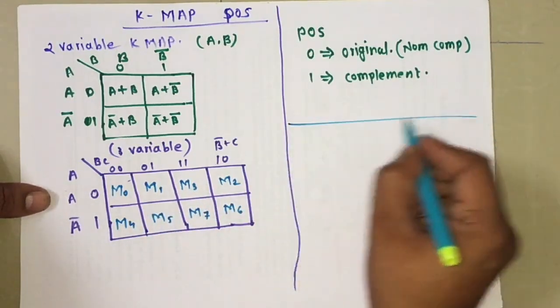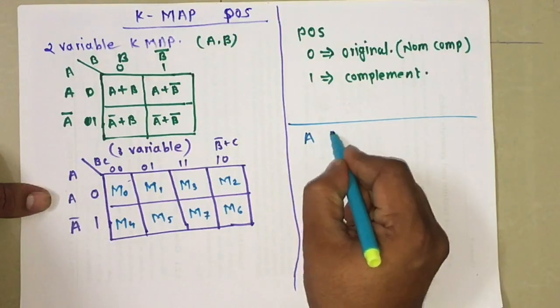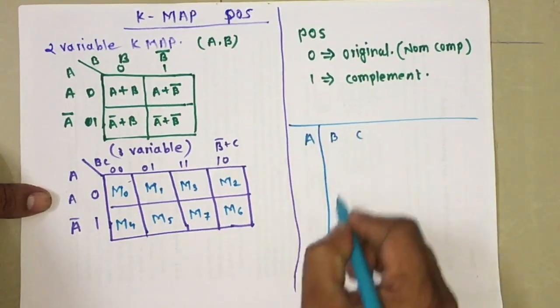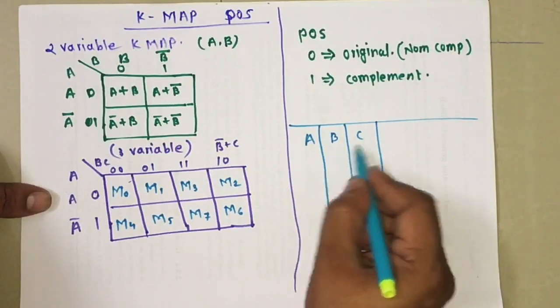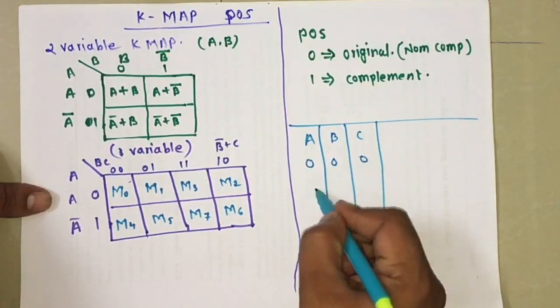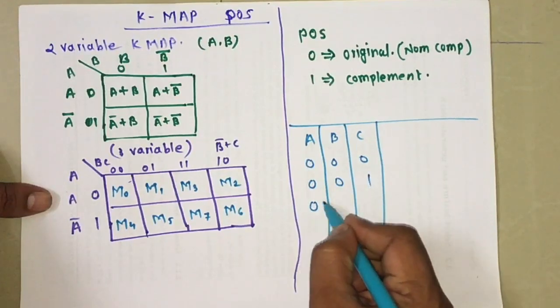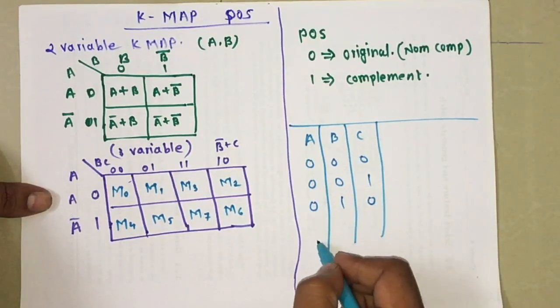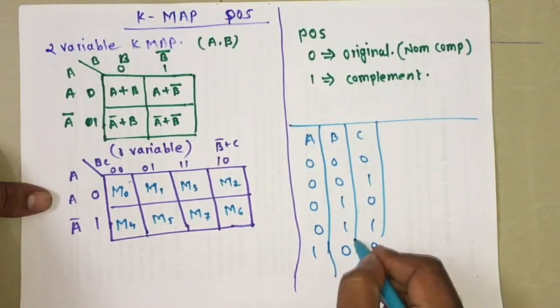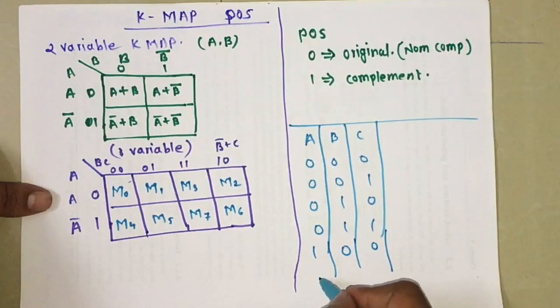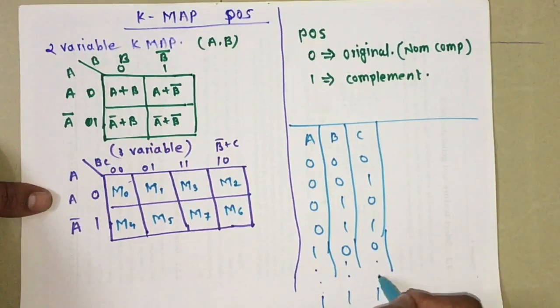Suppose 3 variables are there, A, B, C. The possible values are 0 0 0, 0 0 1, 0 1 0, then 0 1 1, 1 0 0. We will take the values up to here. The last value is 1 1 1.